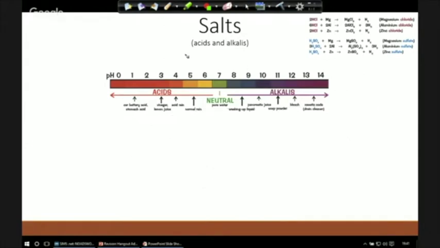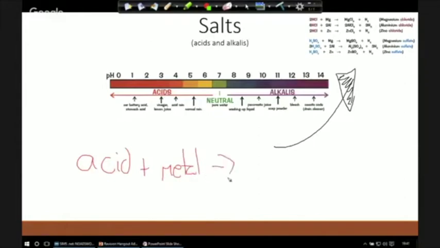Now, following that theme, we do have at the top here some examples of some equations, but you'll notice they're very slightly different. Because up here, not only have we got acid and base producing a salt plus water, you also need to know that acid plus metal will form a salt plus hydrogen.